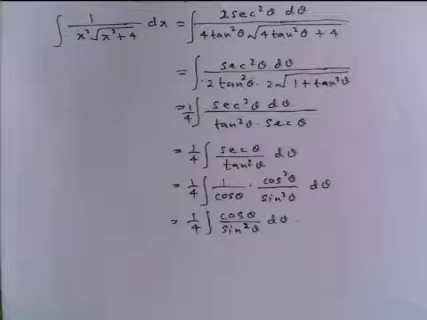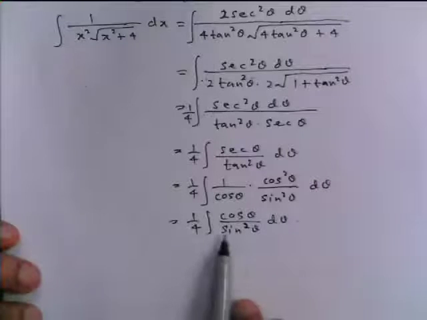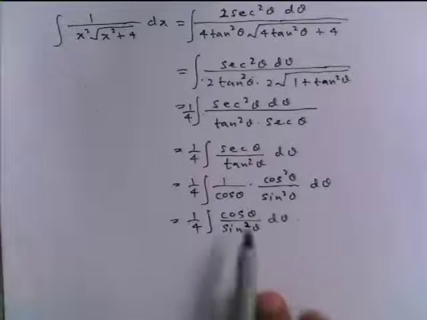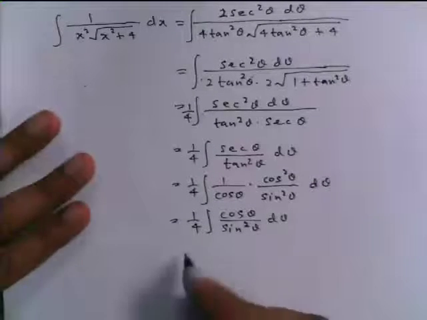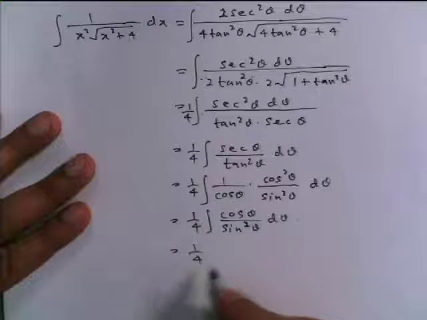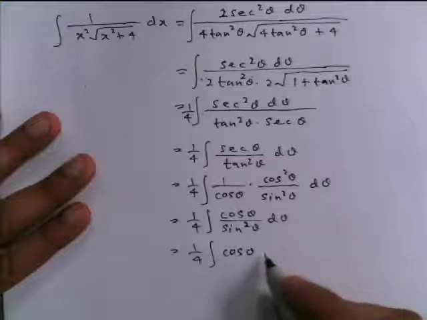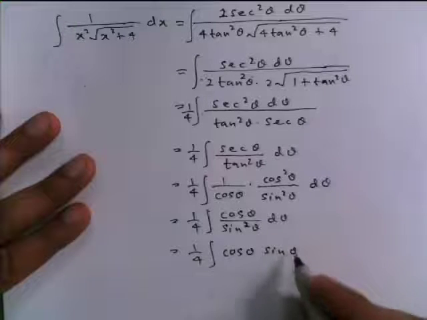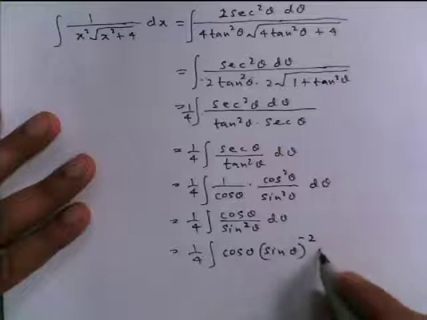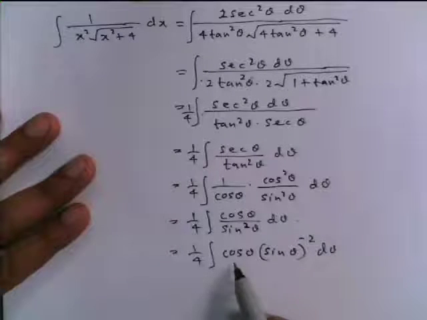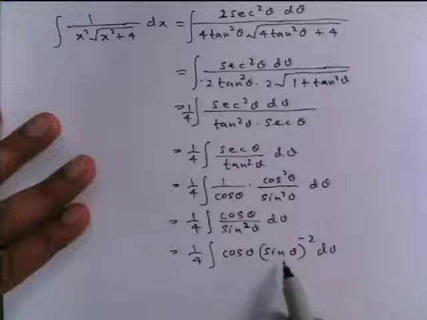This you can do using the general power rule. Because what is the derivative of the inside function? What's the inside function? Sin theta. What's the derivative of that? Cosine. So it's there, so we can just use the general power rule. What do you get? So it's 1/4. Let's write this like this first: cosine theta, sin theta to the -2. Now the derivative of the inside function, cosine theta, is there. That means we can treat this as just x.